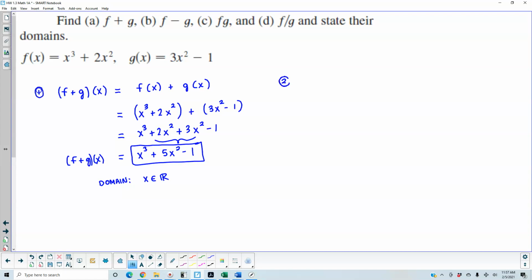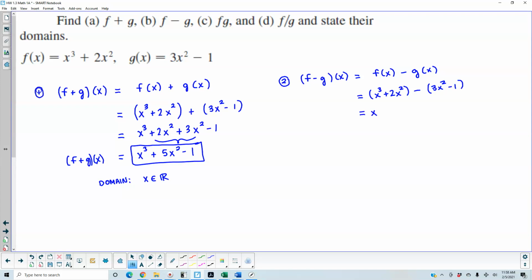Okay, number 2, we want to find f minus g of x. So the definition states that we take f of x and then subtract g of x. So f of x is x cubed plus 2x squared minus 3x squared minus 1.